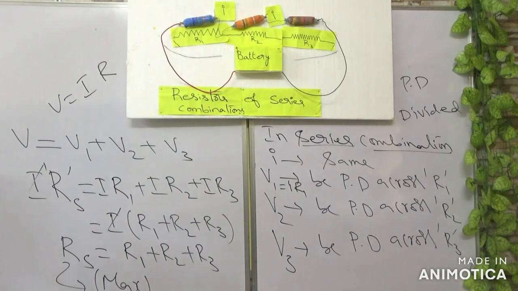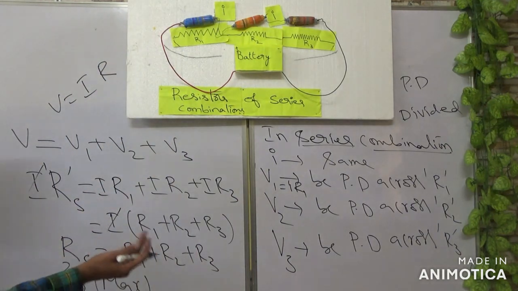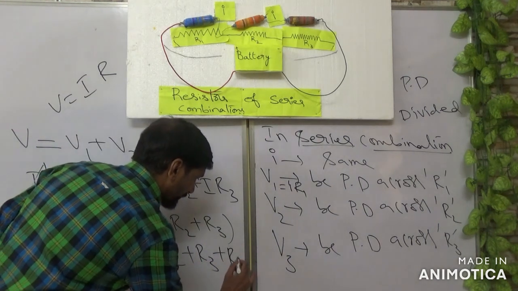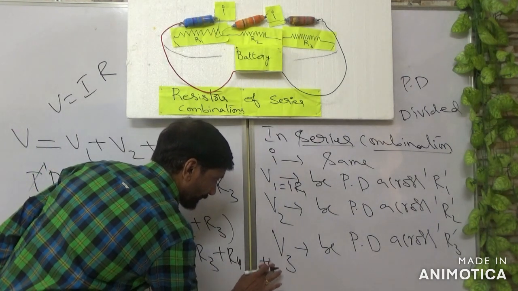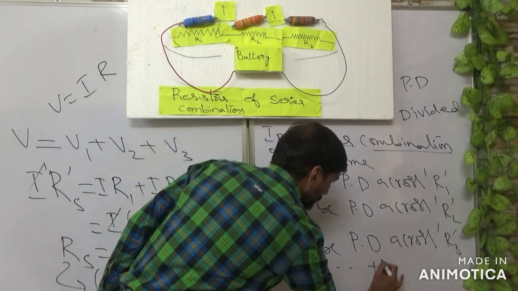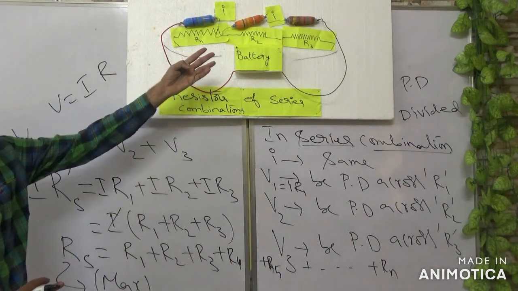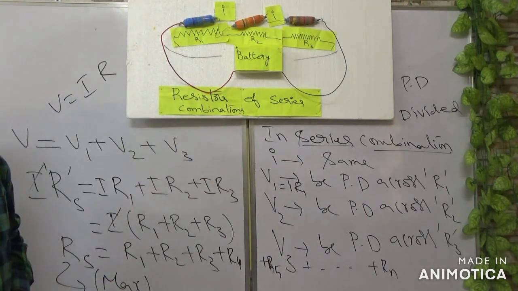Suppose instead of 3, you have been given some n number of different resistors. Then you can extend your formula: R1 plus R2 plus R3 plus R4 plus R5 and so on up to Rn. So this formula you can extend for any number of resistors.